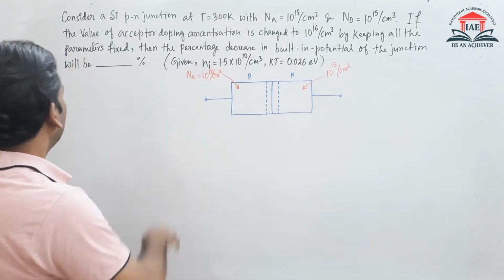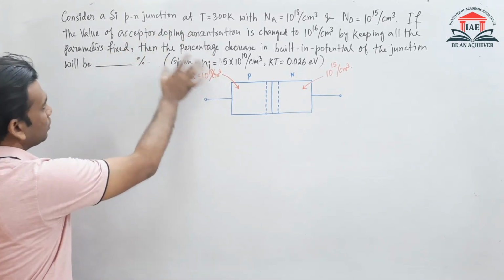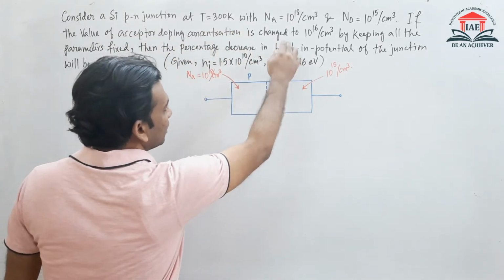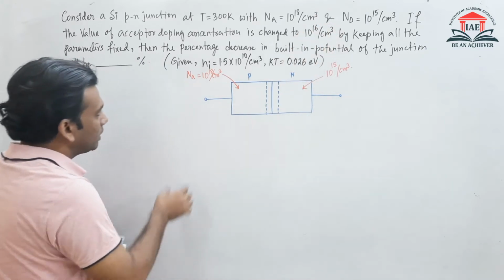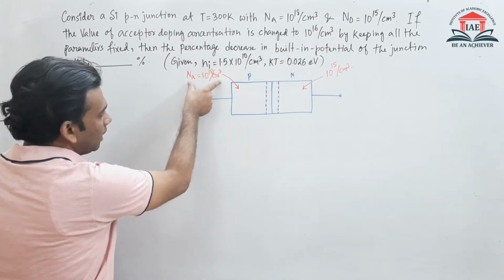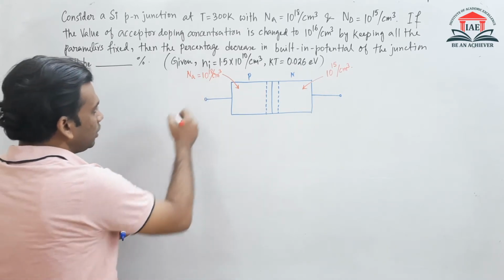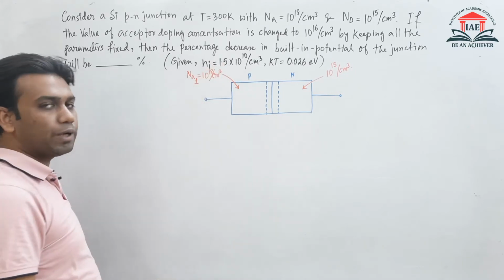Now if the value of the acceptor doping concentration is changed to 10 to the power 16 per centimeter cube, this is my first acceptor doping concentration. In case 2, what I did: this was my case 1 where Na1 is equal to 10 to the power 18.